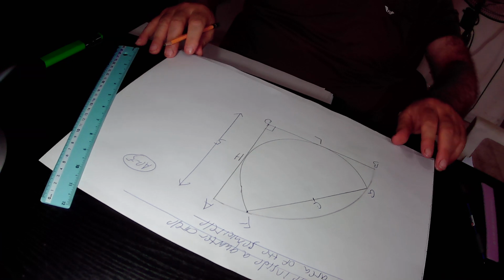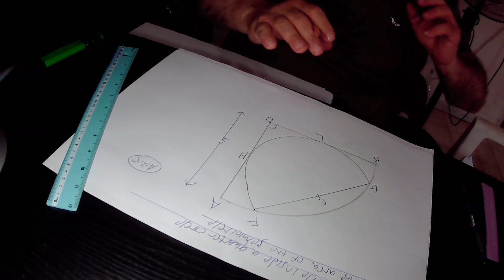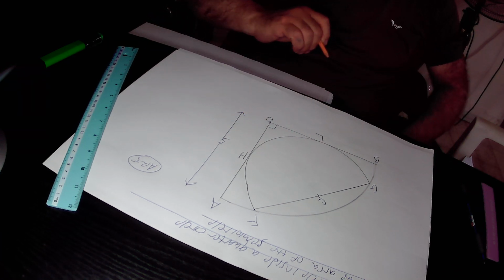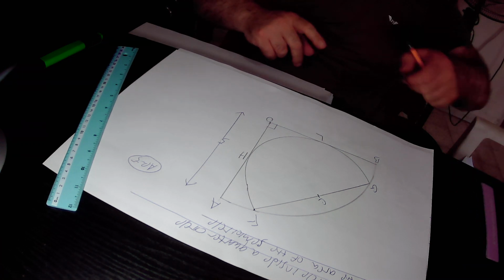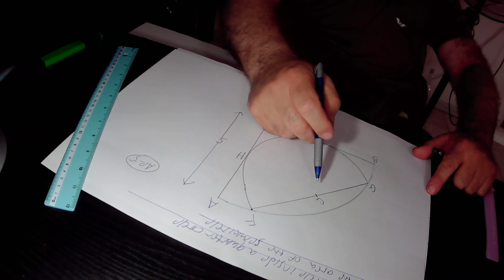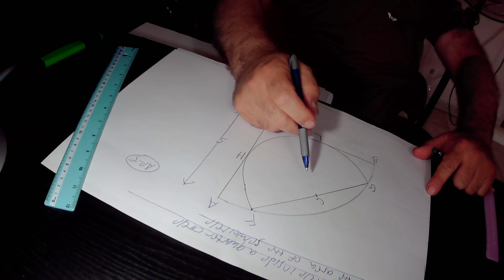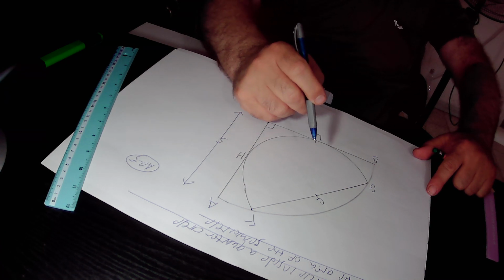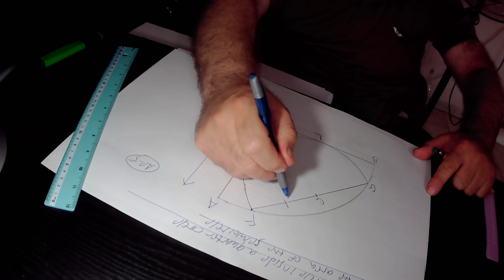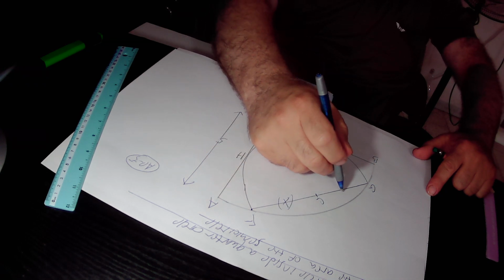In addition, we will define the radius of this semicircle as x. Therefore, CF equals CG, they are both radii of this semicircle, that is equal to x according to our definition. So CF equals x, and CG also equals x.